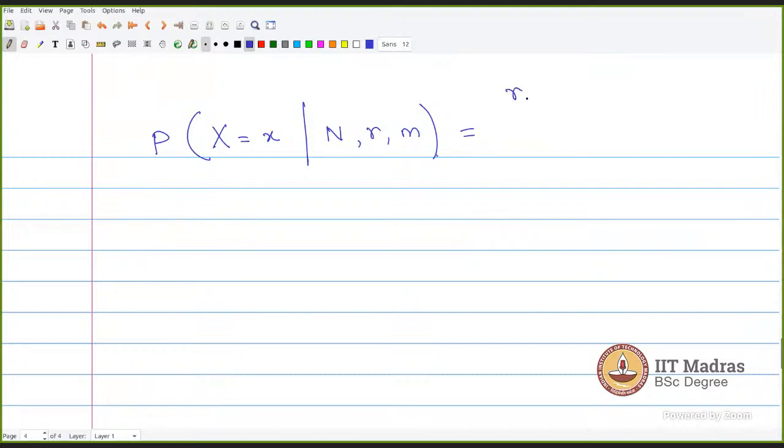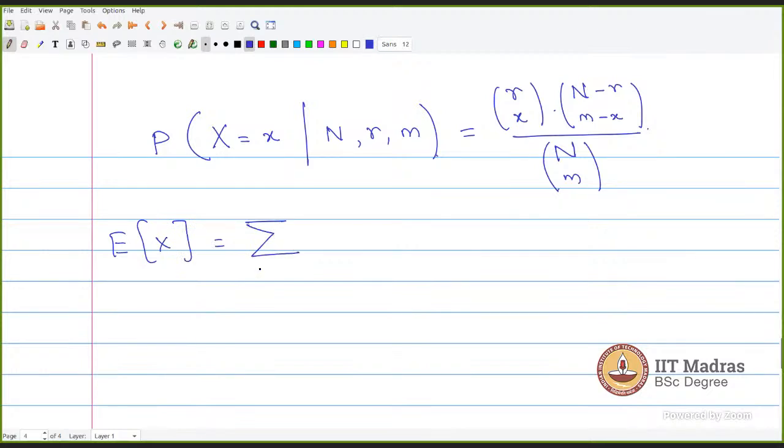So that means R choose x times N minus R choose M minus x, divided by N choose M. So this is the probability that X is equal to x.